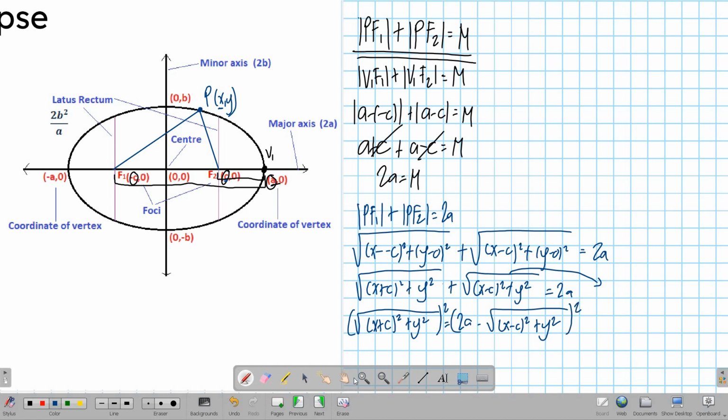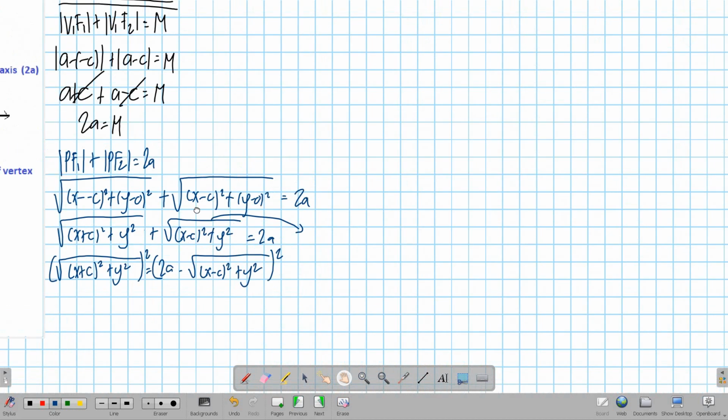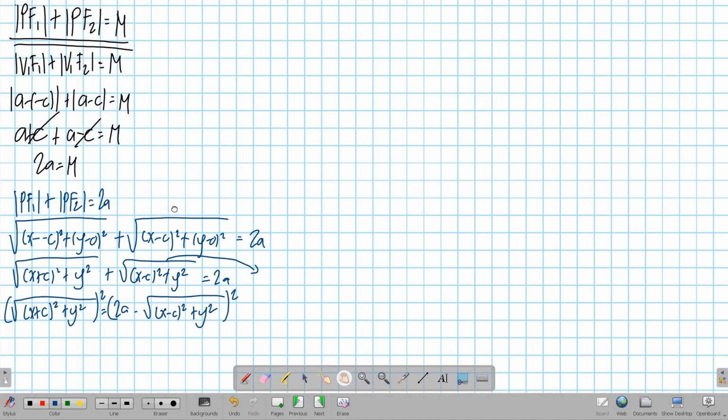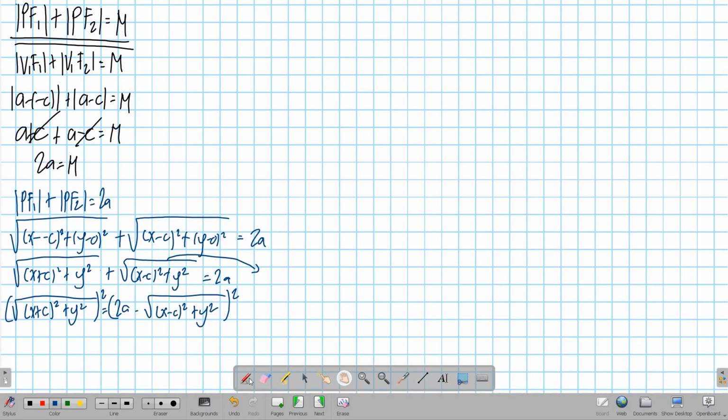Let me just fix the view of our board. There we go. So now from here, this gets cancelled. I'm going to have (x plus c) squared plus y squared is equal to, this is a binomial, so we would have to square a binomial.